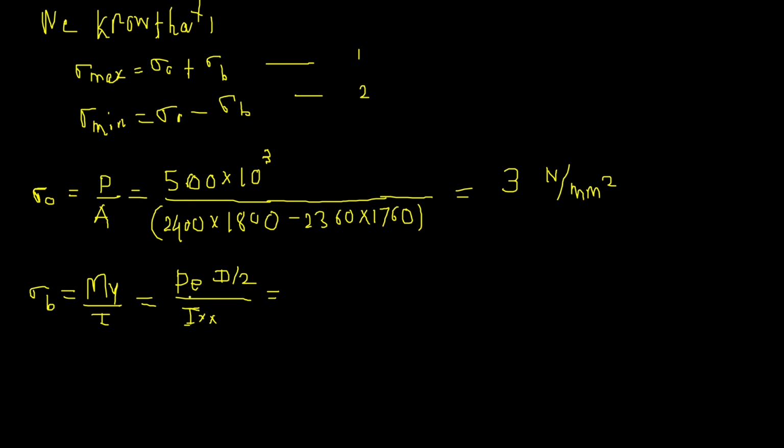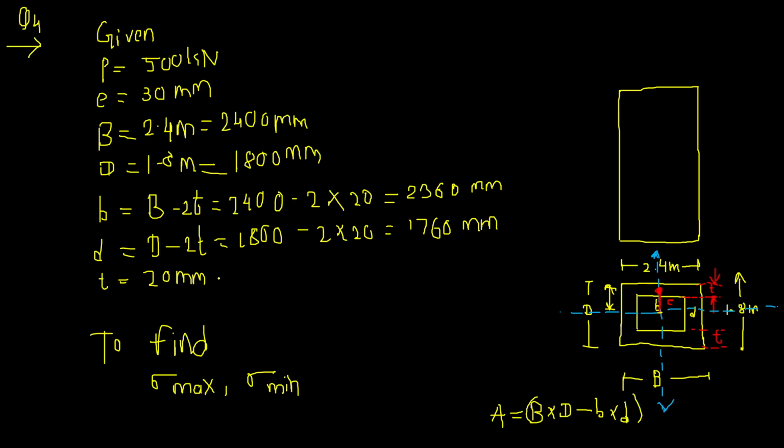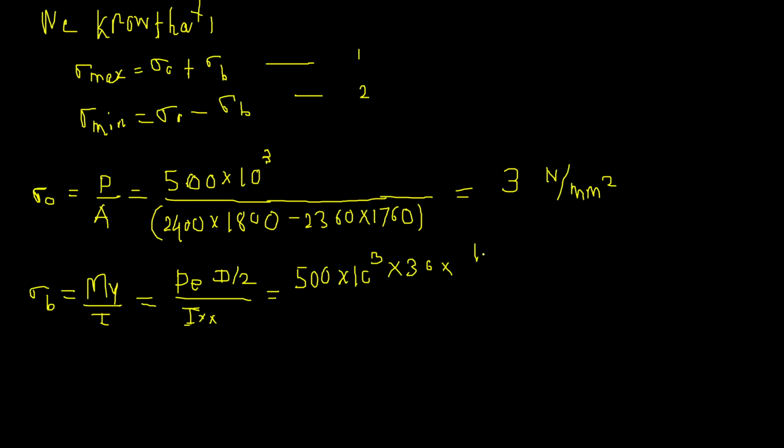Okay, now substituting the values, P is 500 into 10 to the power 3, eccentricity e is 30, multiplied by D divided by 2, where capital D is 1800 divided by 2.